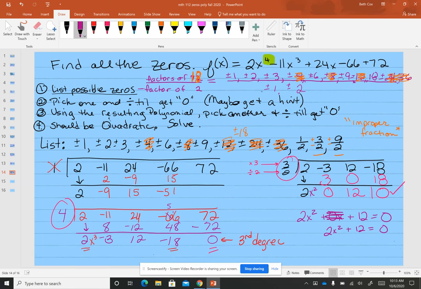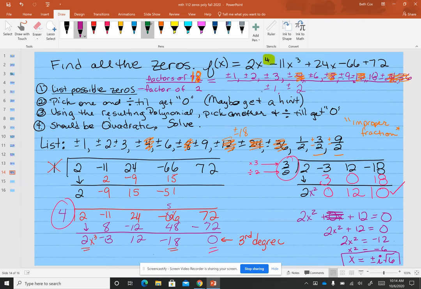I'm going to subtract 12 on both sides. I'm going to divide by 2 on both sides. And then I'm going to take the square root of both sides. Now, pay attention here. That's going to give me positive, negative, i square roots of 6. Yes, I get imaginaries this time, and that's okay.